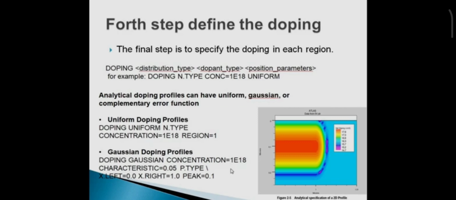Perpendicular to the peak line, the doping drops off according to the Gaussian distribution with a standard deviation of 0.05 divided by the square root of 2 micrometer. For more information, you can go to the Atlas manual and find the different parameter values. Next slide, please.